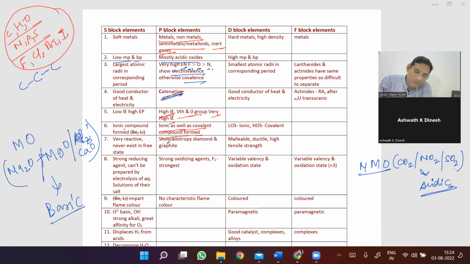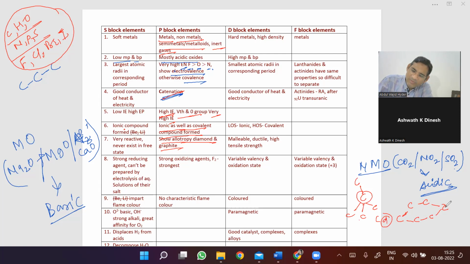These P block elements show allotropy. Diamond and graphite are the best example of this allotropy. This is diamond, and this is graphite. This is diamond, tetrahedral.